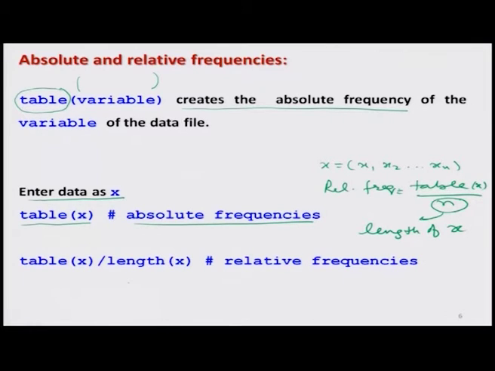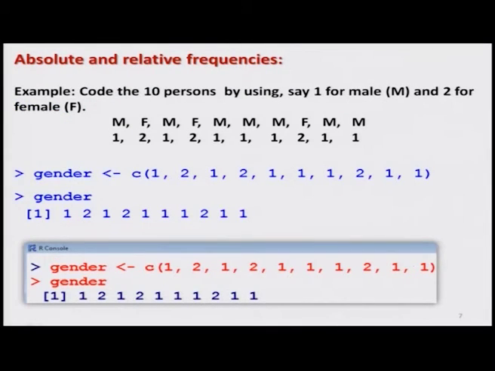So, in order to find out the relative frequency, we find the absolute frequency by table of x, and then we find the length of x, and then we take the ratio. So, this will give us relative frequencies of the given set of data. So, we try to use it over this given data set and see what we get.